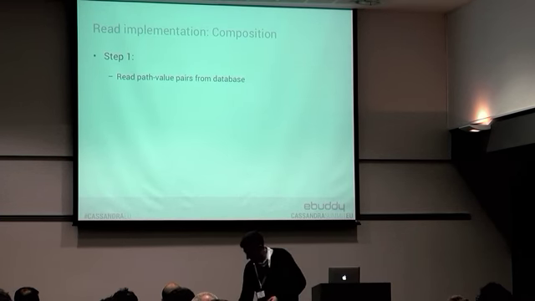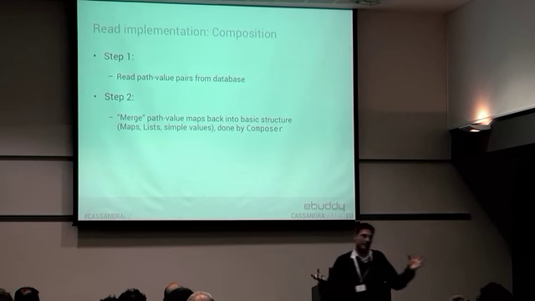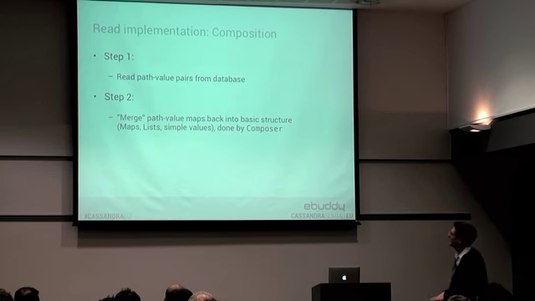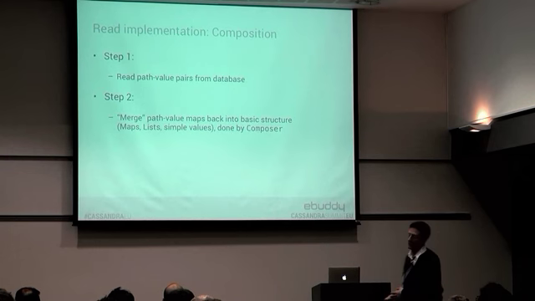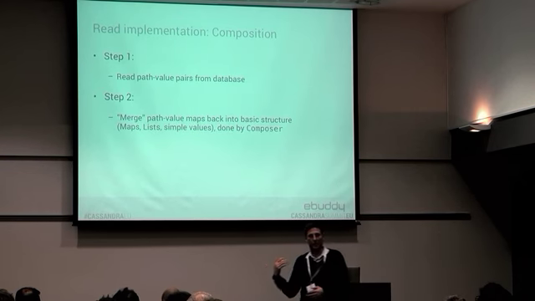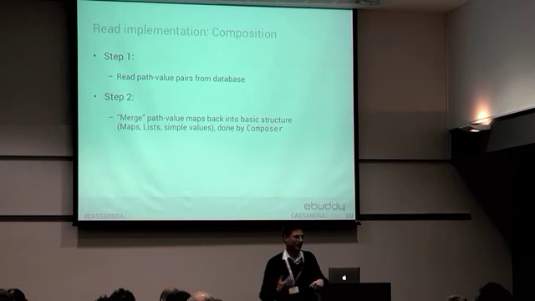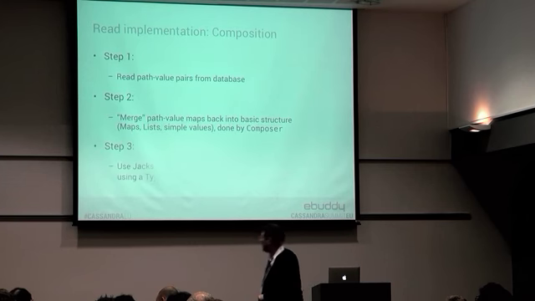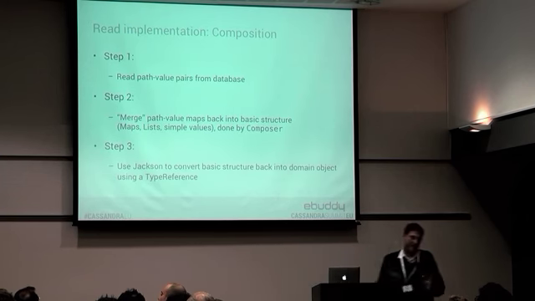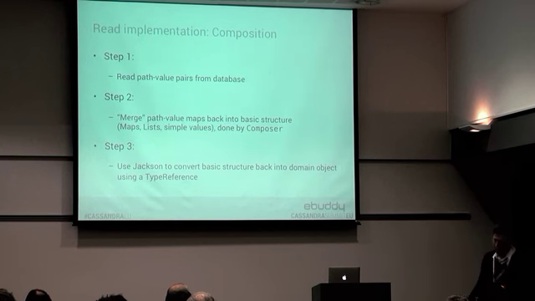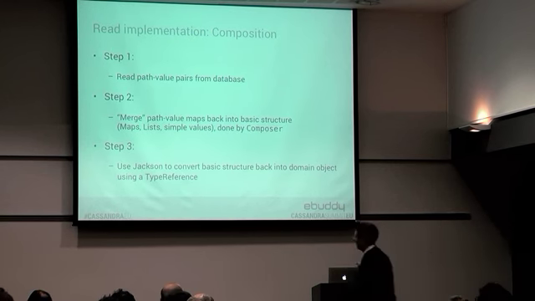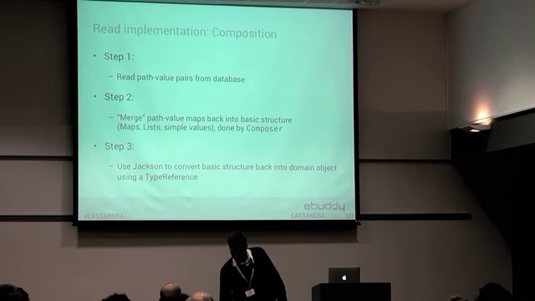It reads path values from the database, and then takes those paths and values and merges them back into the basic structure of maps, lists, and simple values by an object called the composer. So we have the decomposer and the composer. Then it passes this basic structure back to Jackson with a Jackson type reference and says, give me your POJO back. So it leverages the Jackson library to do that.